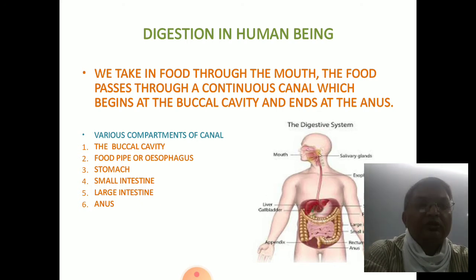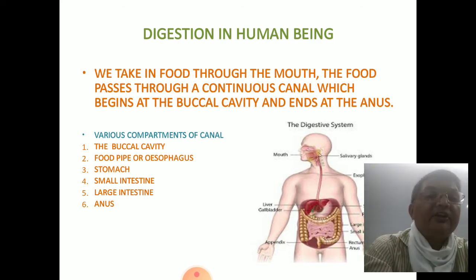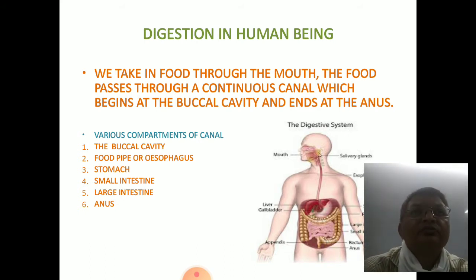Means there is a pathway from the buccal cavity, from the mouth to the anus, and that path is called the alimentary canal.